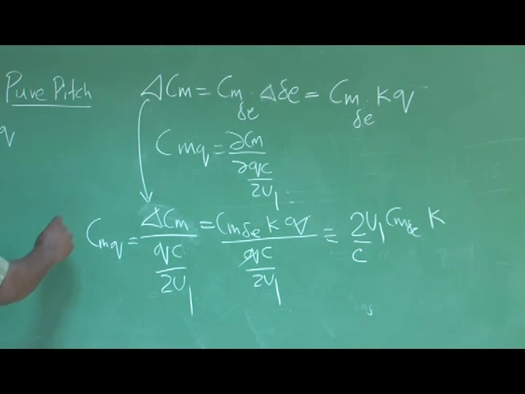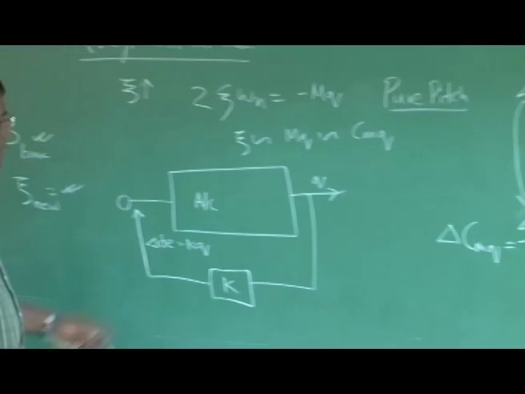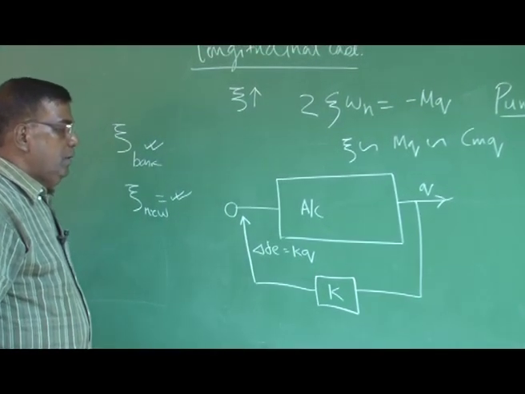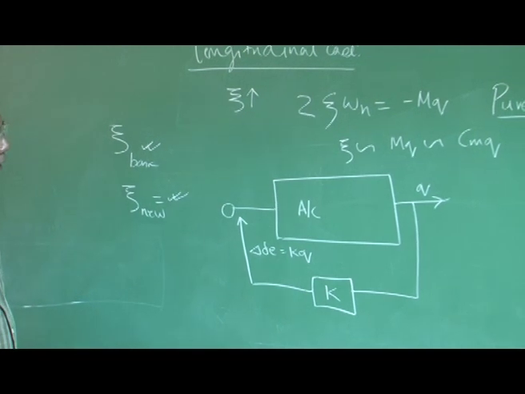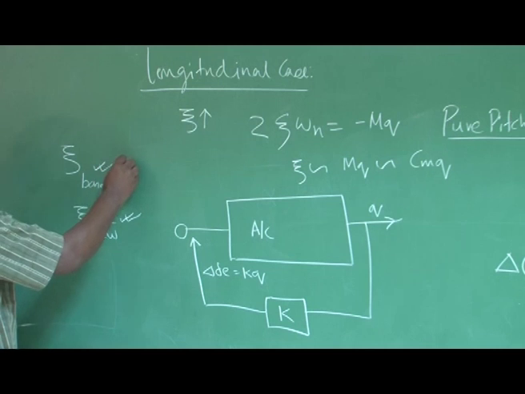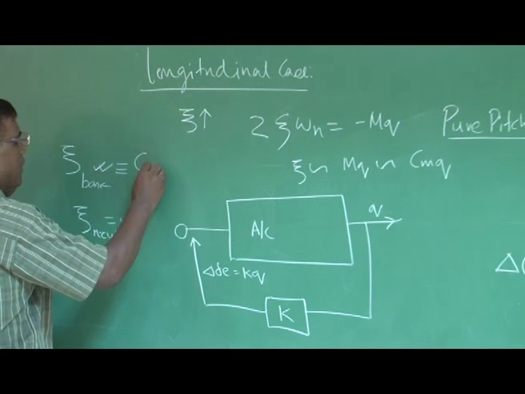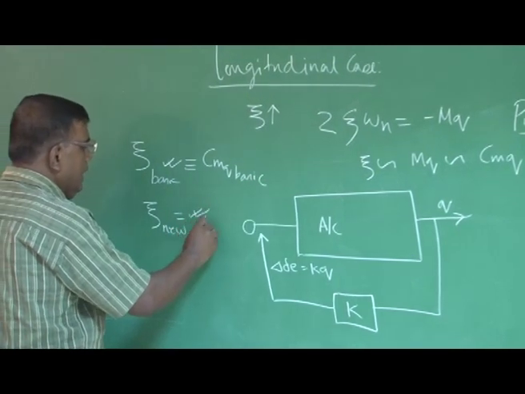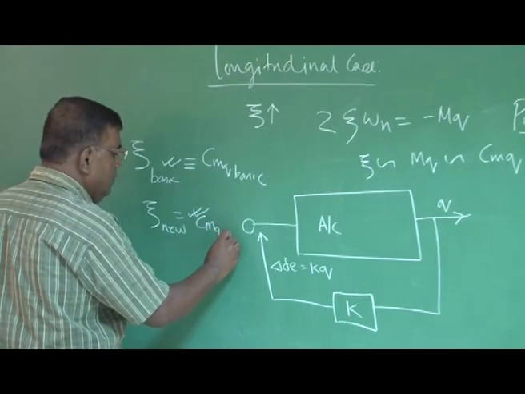So this is delta CMQ, which I am generating by feeding Q, which is measured through a rate gyro, and deflecting the elevator proportionally with Q. Now the question is, I know zeta basic has corresponding CMQ basic, and for zeta nu, I need CMQ nu.